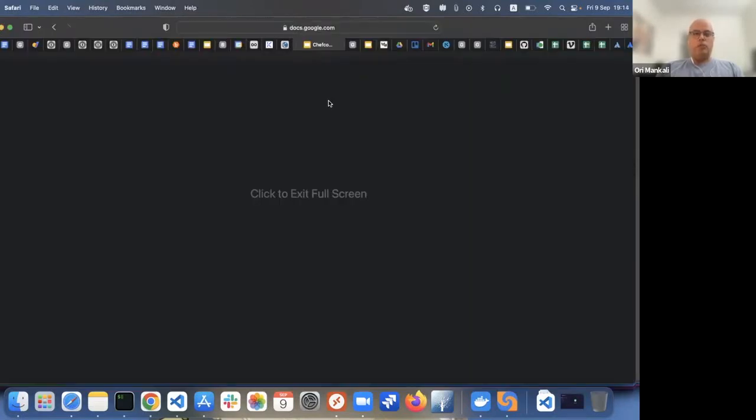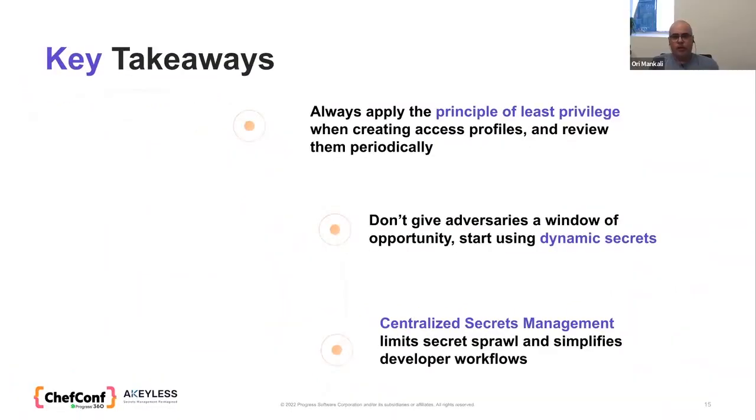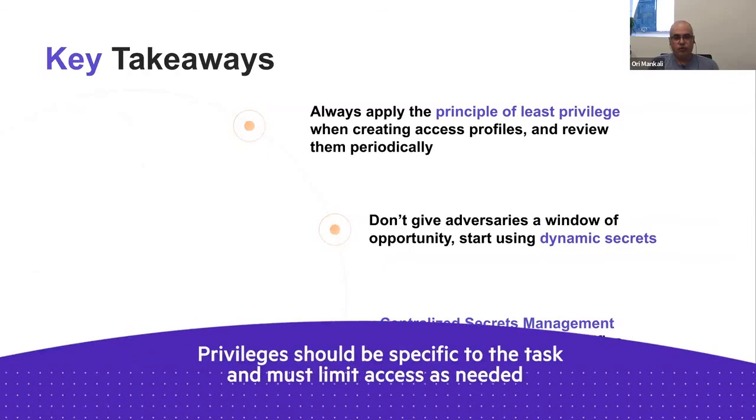Let's switch to talk about the key takeaways from this demo. First of all, you want to always maintain the principle of least privilege, which means that whenever you generate just-in-time credentials, whenever you configure that, you want to minimize that to the very least required privilege to perform this operation.